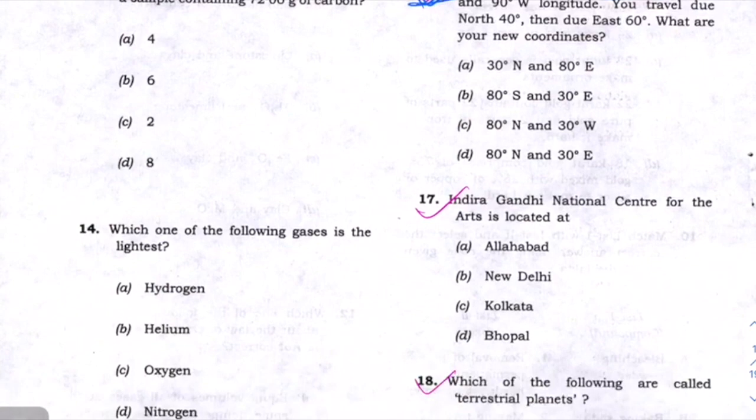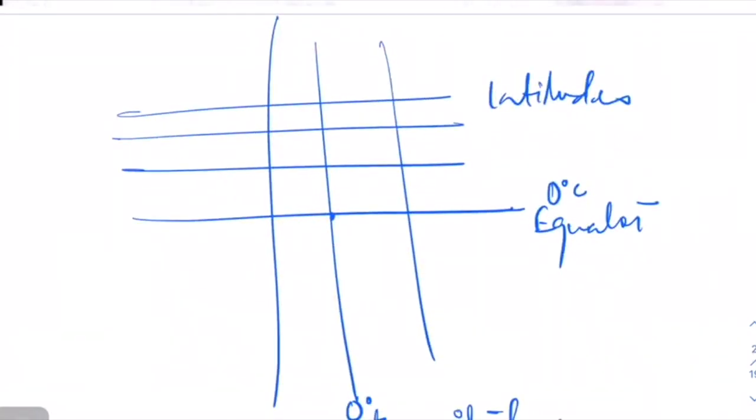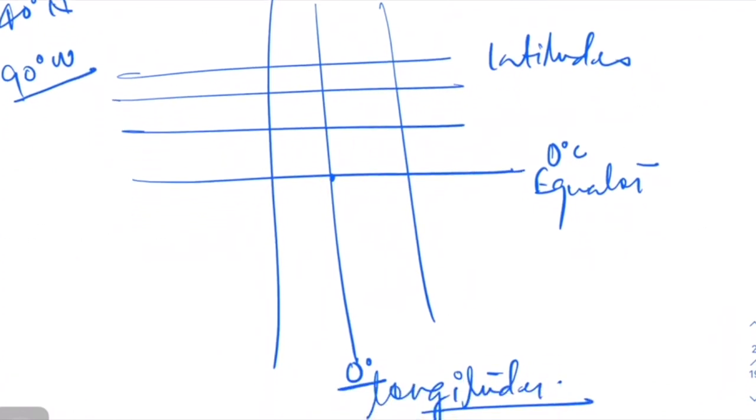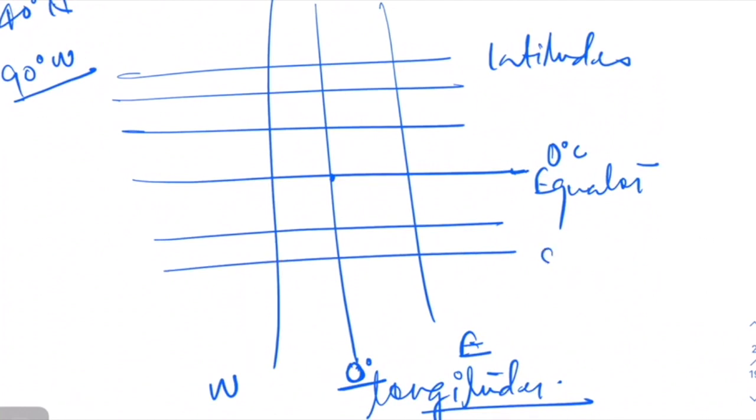The question says you are located at 40° north latitude and 90° west longitude. Fine. I have explained that if this is 0°, this side is west and this side is east, and all these latitudes will be south, and these latitudes will be north. So for 40° north, suppose these are 10°, 10°, 10°.